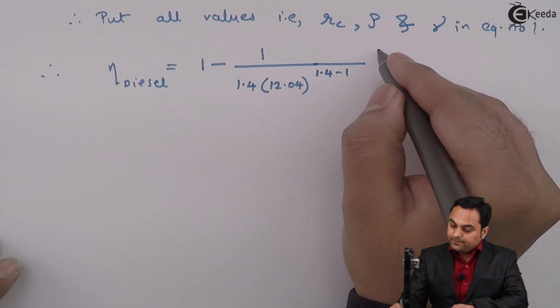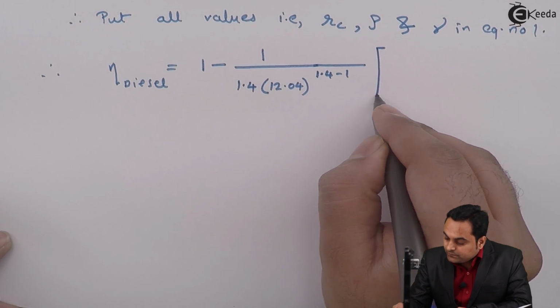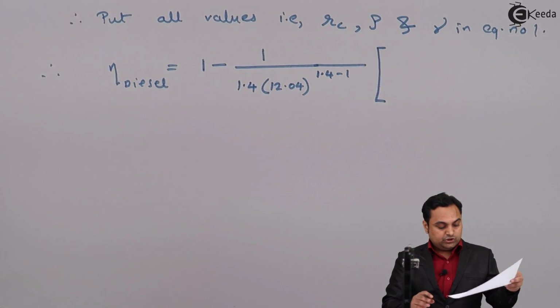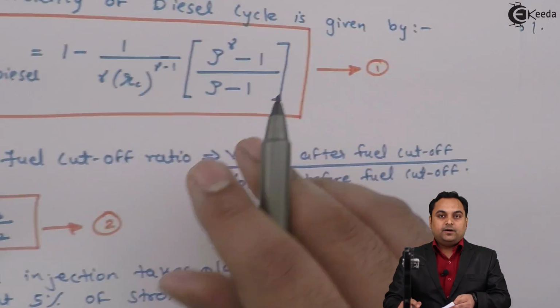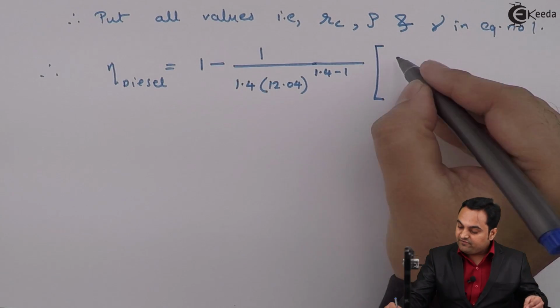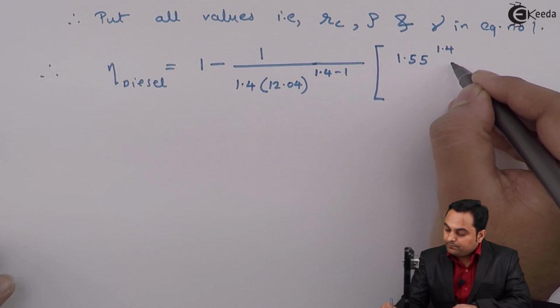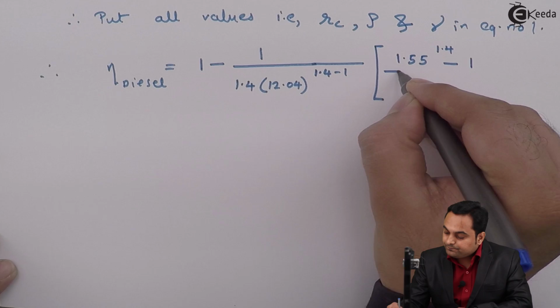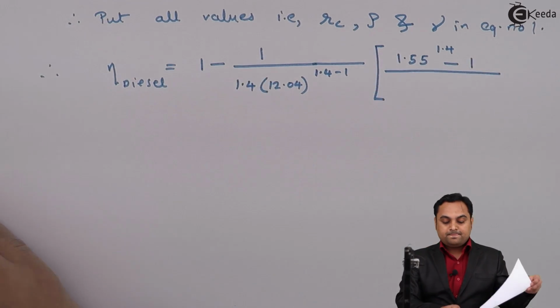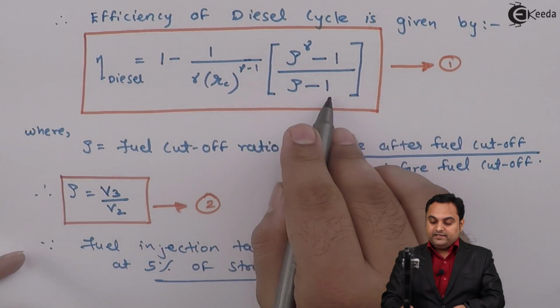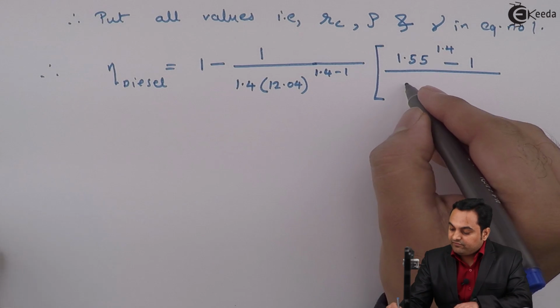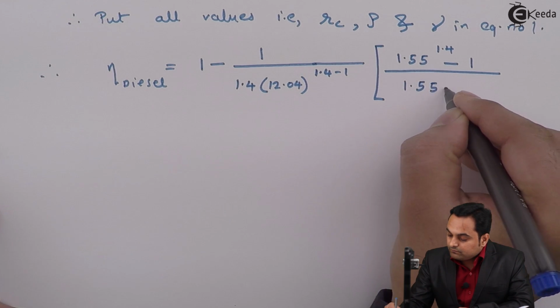This is the first term. Next, into bracket, it was rho raised to gamma. Rho is 1.55 raised to 1.4 minus 1 upon rho minus 1, that is 1.55 minus 1.